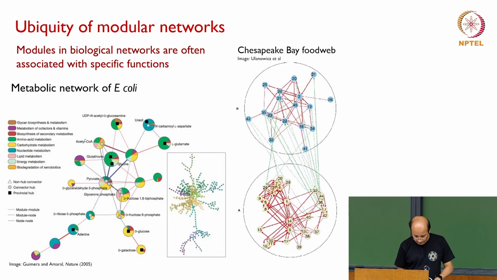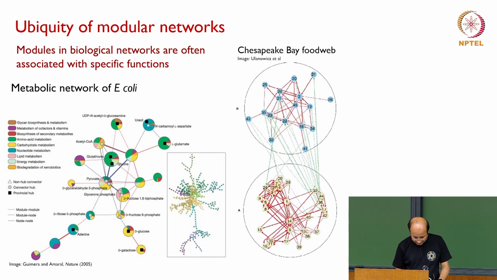And what you find is the modules. Here the nodes are not themselves shown; rather, what you see in the circles are the modules themselves, and the modules are color coded according to what kind of metabolism they are involved in. Even though a module is defined purely on the basis of networks, so if lots of connections exist within a module, then you define a module, you can also see that there is a very strong functional association. Some modules are primarily dealing with amino acid metabolism, the green ones. There are modules primarily associated with carbohydrate metabolism, the yellow ones.